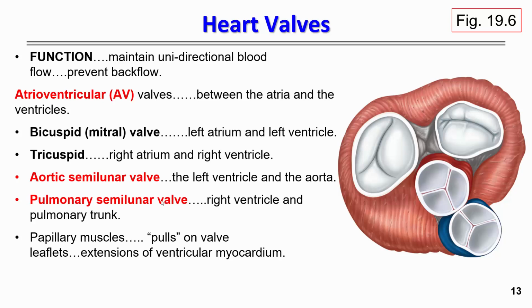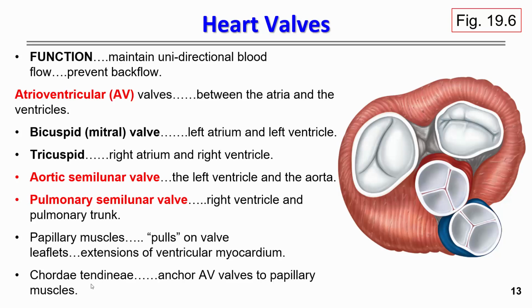The papillary muscles, which we'll see on the next slide, are extensions of the muscle tissue making up the ventricular wall, and these papillary muscles essentially pull the leaflets of the valves towards the ventricles, and in doing so they prevent the leaflets from flipping back up into the atria.